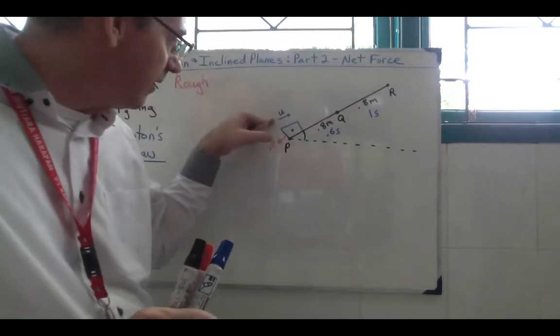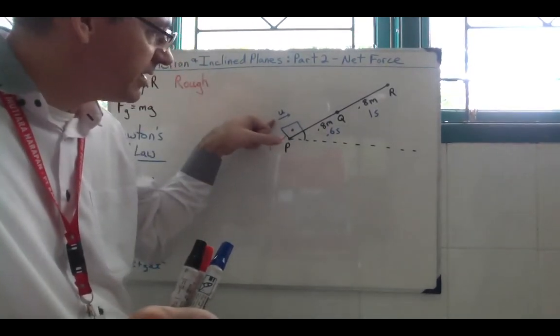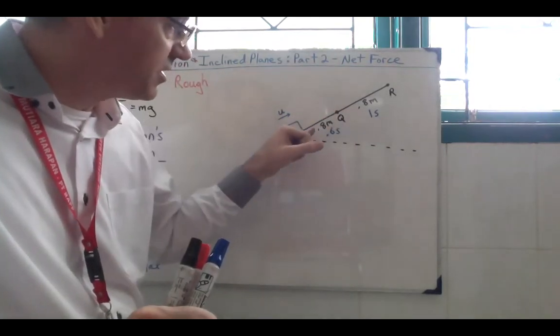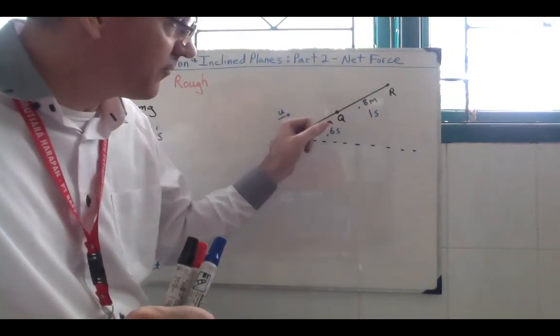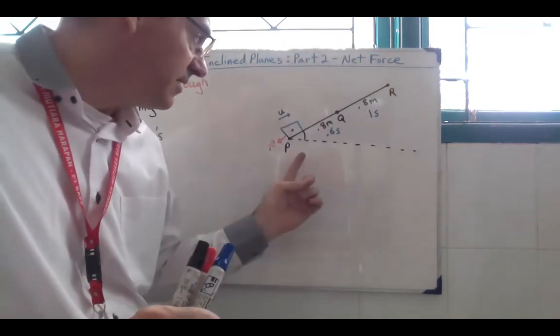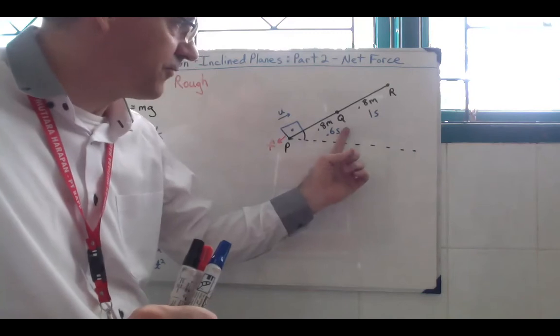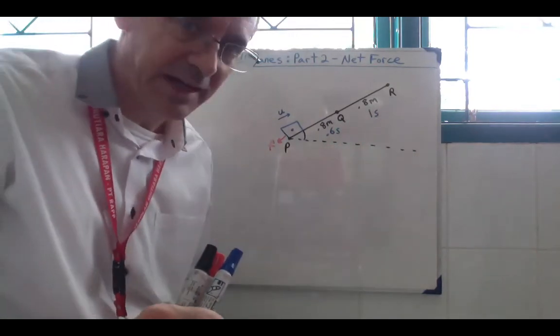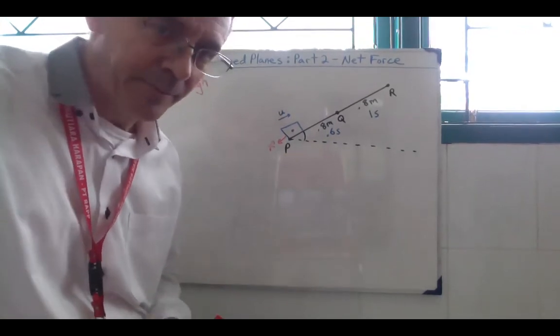It says our initial velocity is u. It says that the distance between these objects are 0.8 for each segment here, P to Q and Q to R. It takes 0.6 seconds to go the first section and 1 second to go the second section of it.